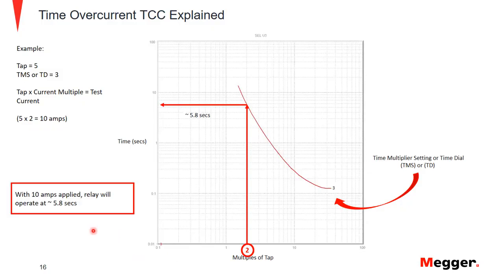So what we'll do is we'll also have the 10 amps applied, because we're actually going to do a tap of 5. We're going to come down here to a multiple of 2. So we're going to apply 10 amps, and the relay is going to operate somewhere in the 5.8 second range, give or take. And that give or take is going to be the tolerance levels that are on your relay as well.